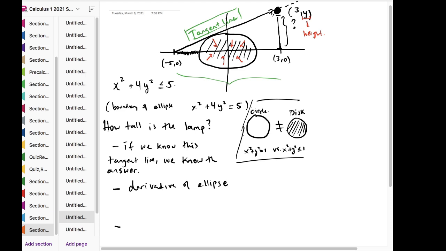What else do we need? Is the derivative of the ellipse enough?